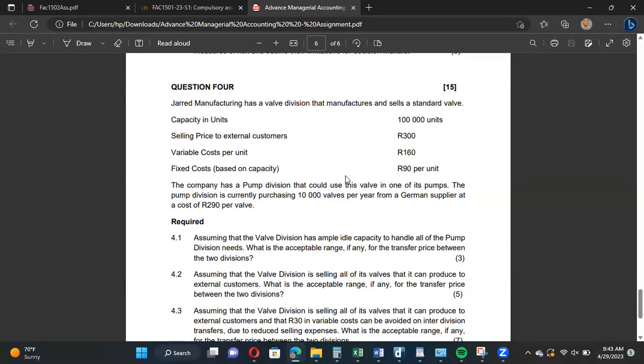What do you guys think on that? Given that we have a capacity of 100,000, we sell this to external customers at 300, then we manufacture this at 160, and then the fixed cost is 90. So what's the acceptable range there?